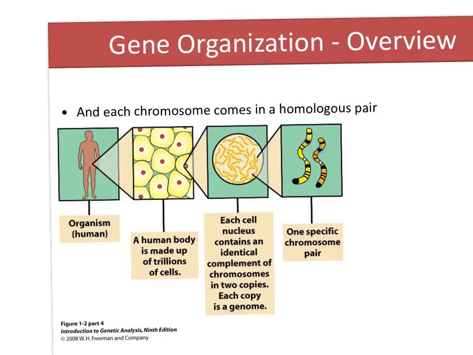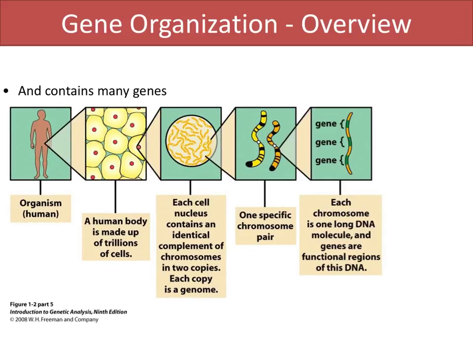And if you wanted to go down even smaller, you would go towards gene. Each of those bands is a genetic locus. Okay? So, these are genes. And each chromosome is one long DNA molecule.